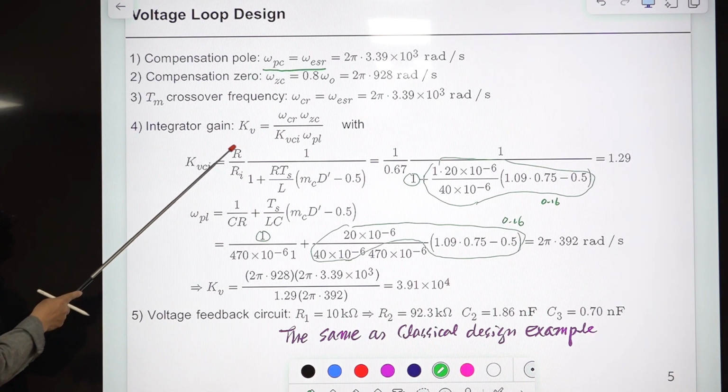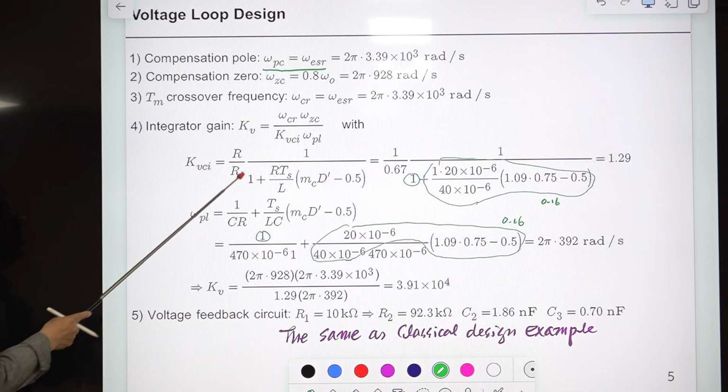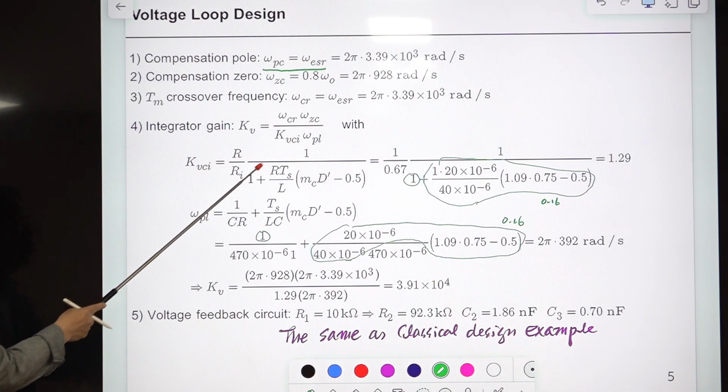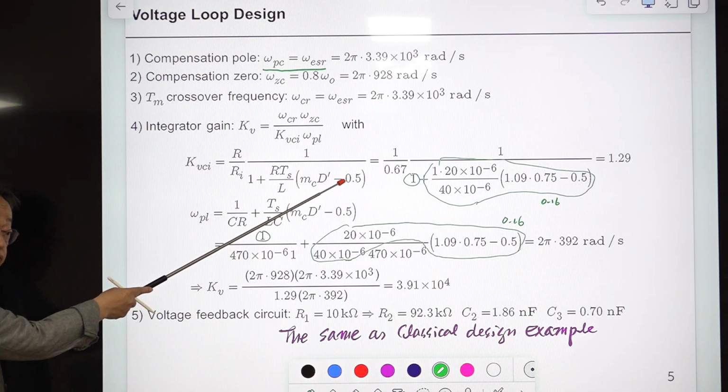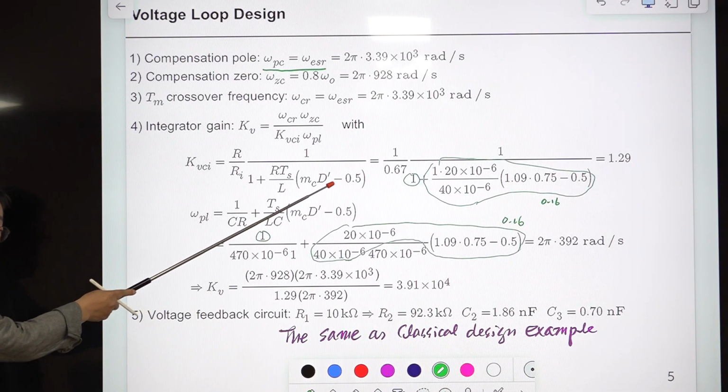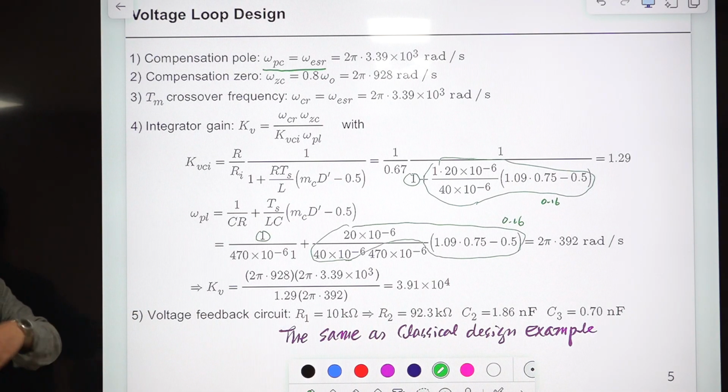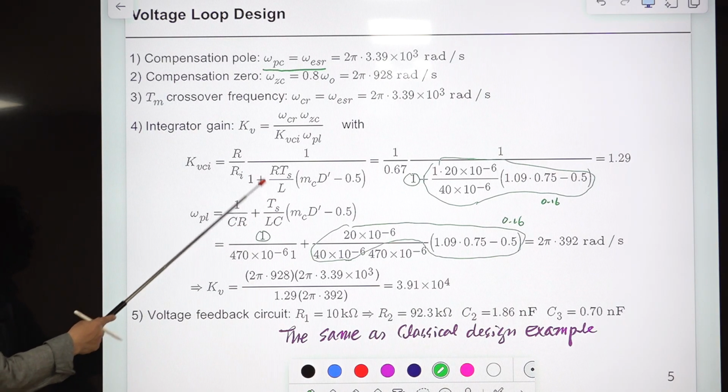This is the KVCI of classical analysis. We have some additional term as the fragment, as the debris. Because of the HES, some garbage is coming out. This can be considered garbage.